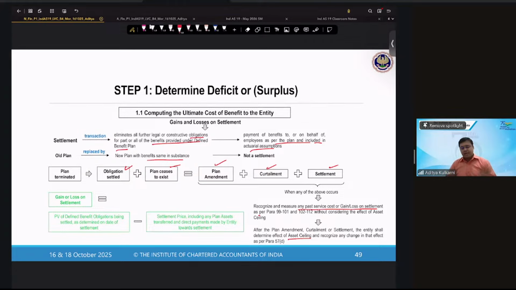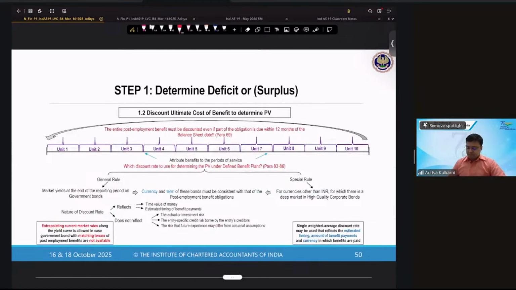Right now, just understand that. Okay. So gain or loss on settlement is nothing but the closing balance of the defined benefit obligation on the date of settlement versus the settlement price. This is the gain or loss on settlement. We have a question, we will see that. Okay, we will see it. All right, next.